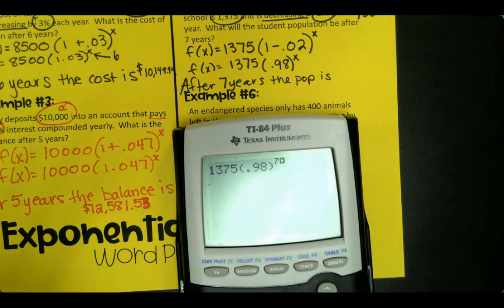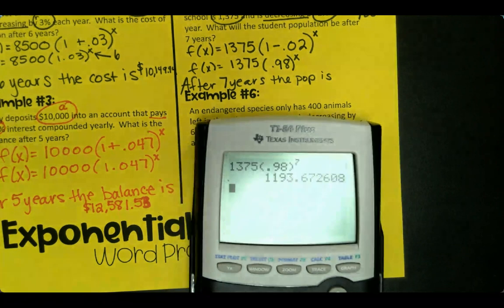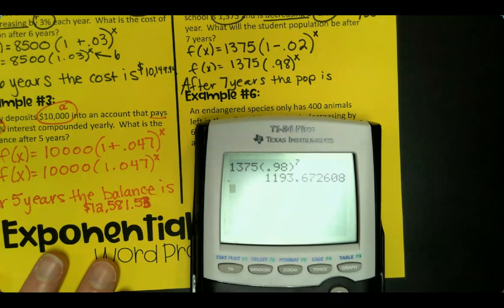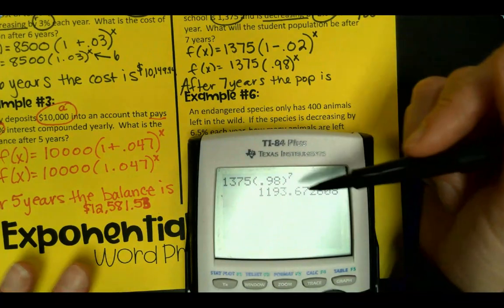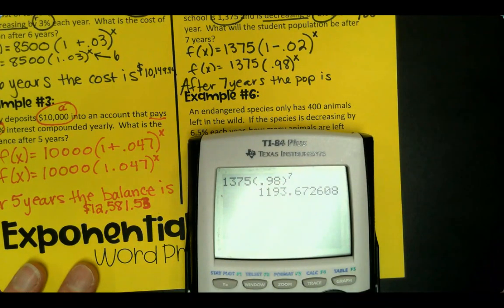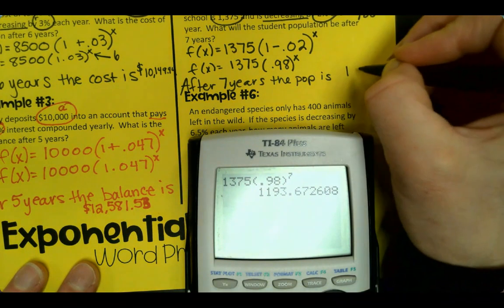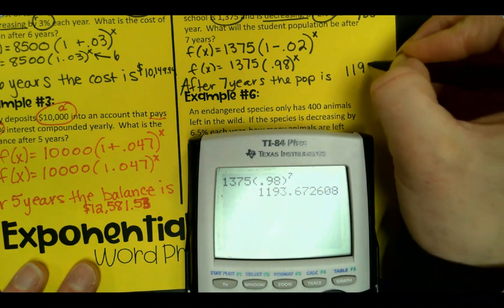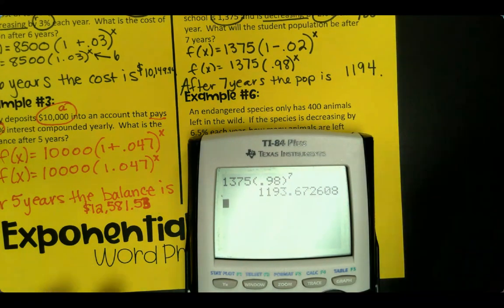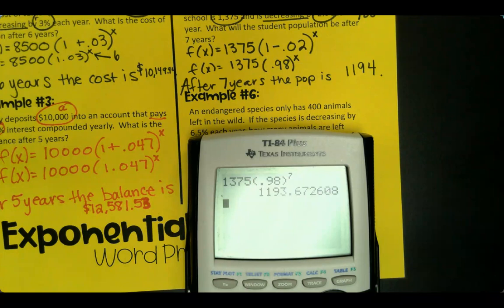We're going to put that in the calculator and find out what it equals. This is dealing with number of people, so I would round to the nearest whole number. 1,194. Now you'll look at the next one.